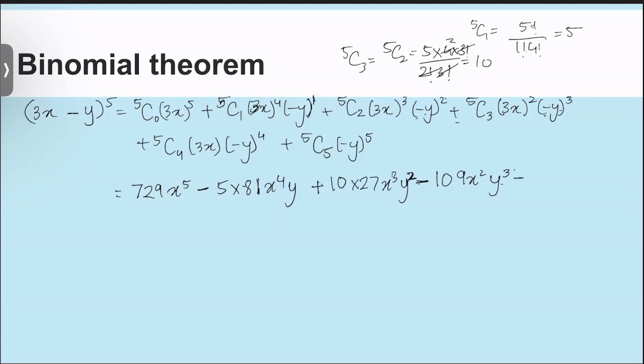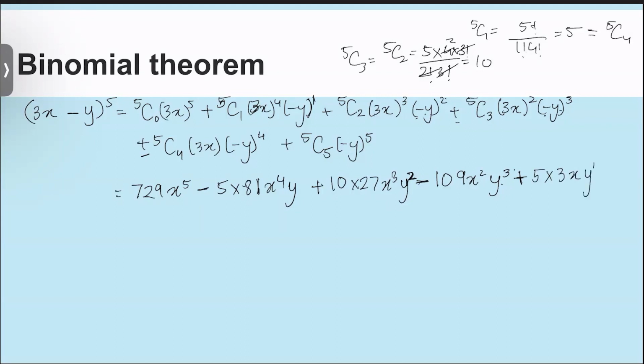Then the next one you say minus y is raised to 4. So again, because your r over here or your power is even number, your negative sign changes to positive. So this sign remains the same. So you have plus 5C4 is again similar to what we had got for 5C1. So that would be 5 into 3x.